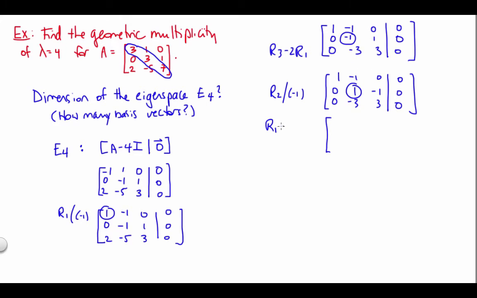So let's take row 1 plus our pivot row, and we can also do row 3 plus 3 times our pivot row. So in the top row, that'll give us 1, 0, -1, and then a 0. That middle row won't be changing. And in the bottom row, we get a row of zeros. So now we've got our REF.